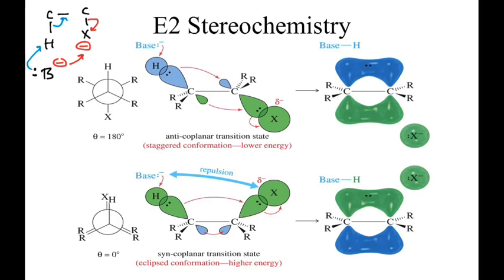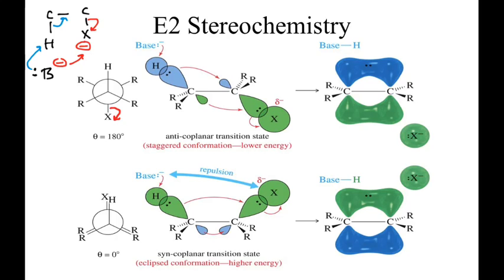The base needs to come in as far away from the leaving group as possible. Okay? And that's not the easiest thing to see in a standard drawing, which is why we moved to the Newman projections. If we take a look at our leaving group in our first Newman projection, it can leave when our base comes in.